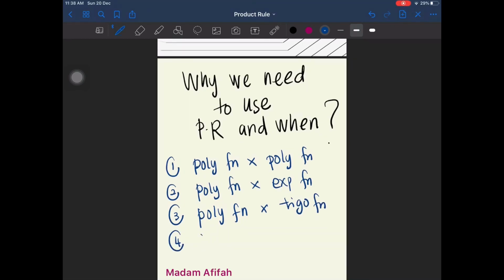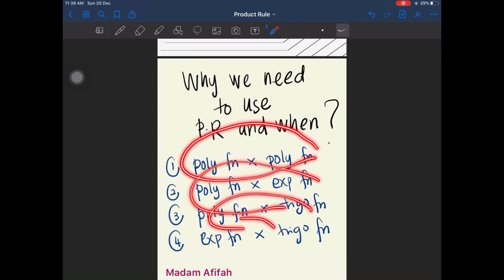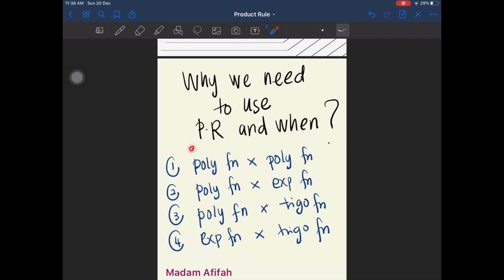And the last one, an exponential function with a trigonometric function. If you come across any multiplication of these two functions, then you need to apply the product rule to solve that differentiation problem, because you cannot differentiate that function directly.